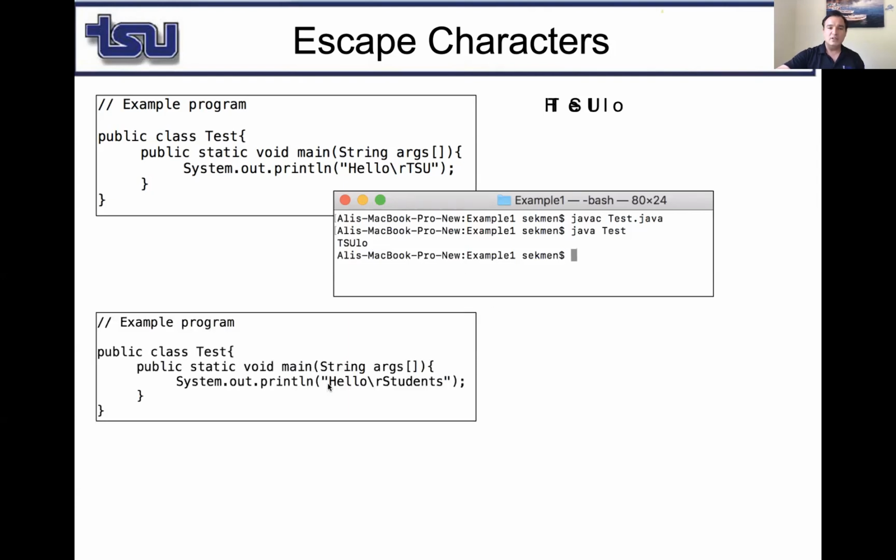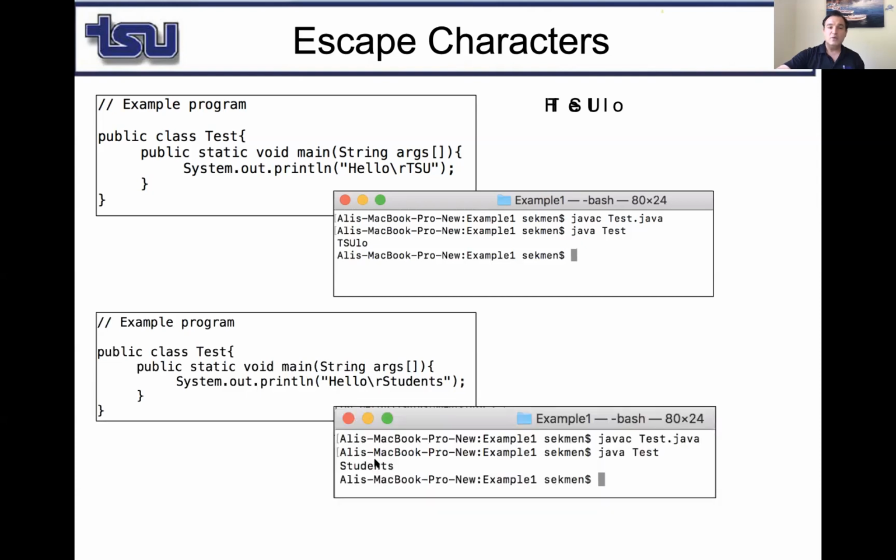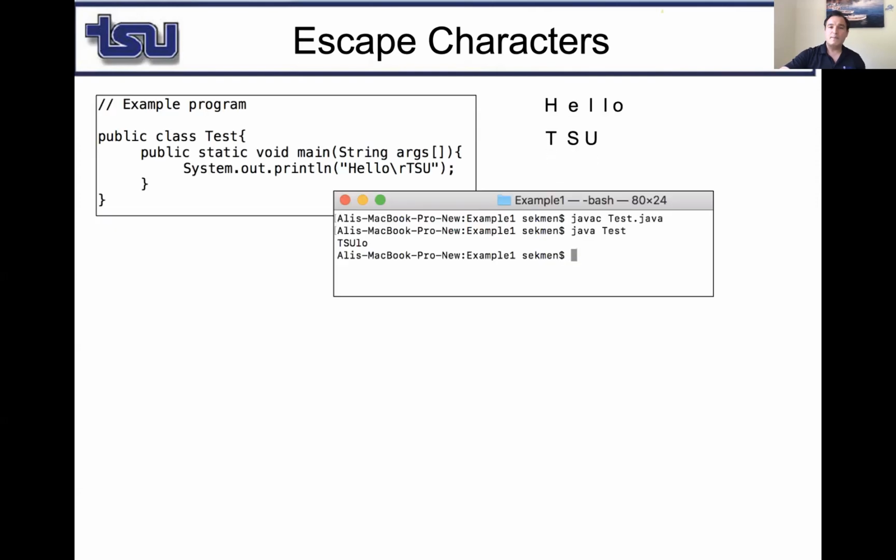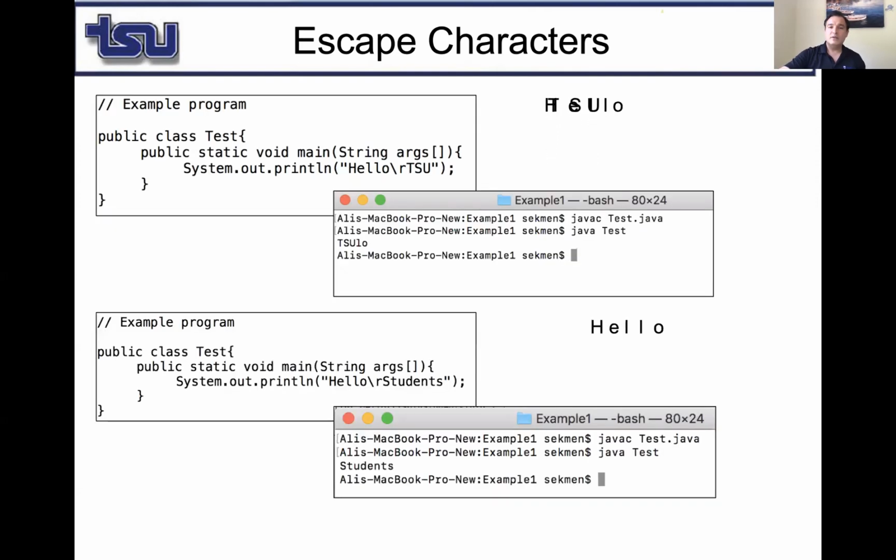Another example: I have hello, backward slash R, students. When I run this, I see only students. Why? Because I have hello, I have students. After hello, the cursor was here.